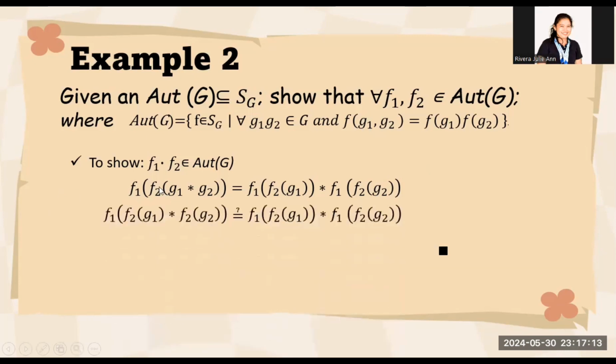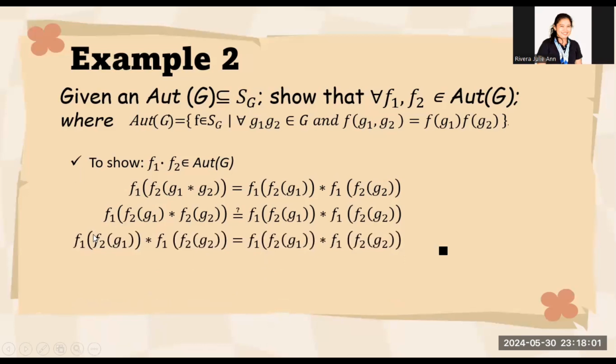We expand it: f1 of the quantity f2 of g1 times f2 of g2, which is f1 of f2 of g1 times f1 of f2 of g2. Since the left side is the only one we manipulate and the right side stays, this is equal to f1 of f2 of g1 times f1 of f2 of g2.